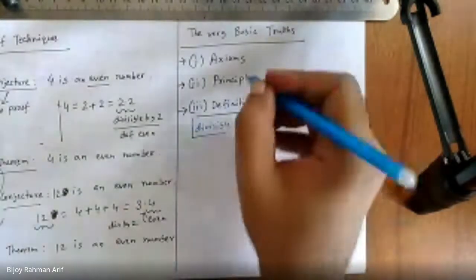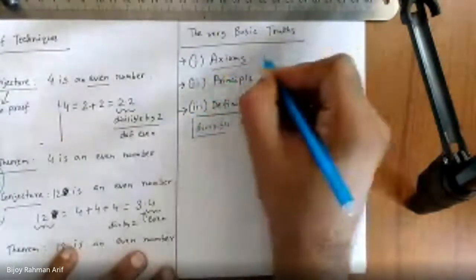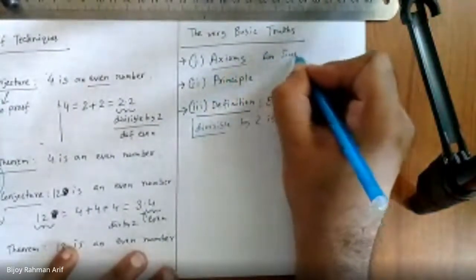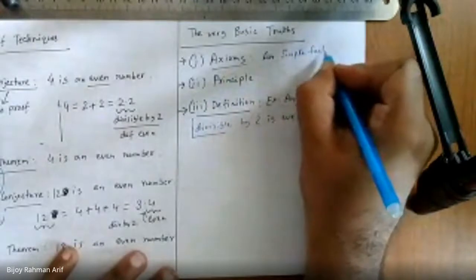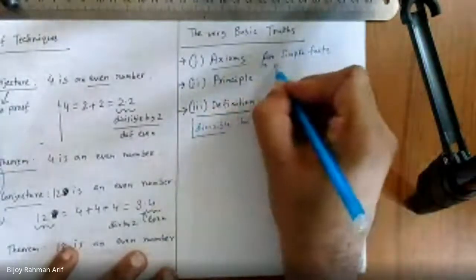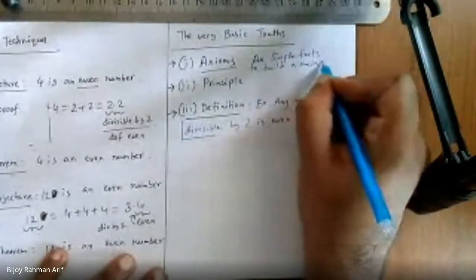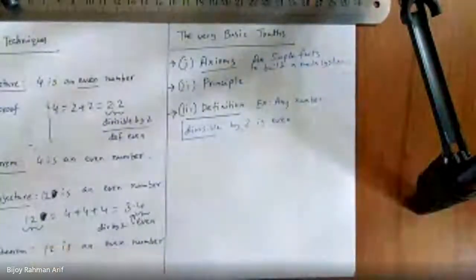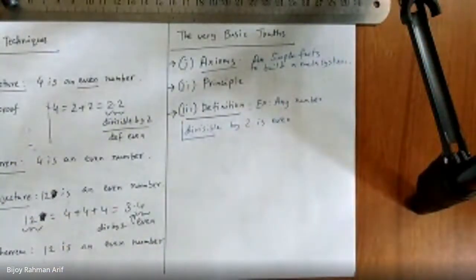Now let's go to axioms. Simple facts to build a math system. It is called axioms.